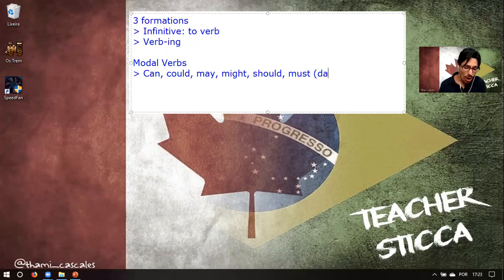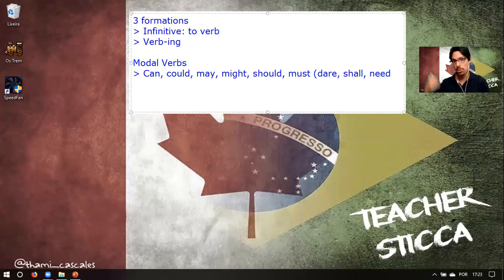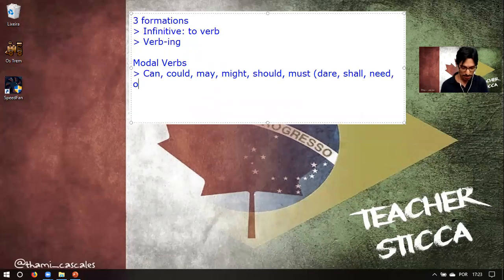We have others. You know, need was a modal verb in the past. We have ought to, but ought to is not so much used anymore. It's just in high-level English. I have seen some people saying that ought to is pretty arrogant.